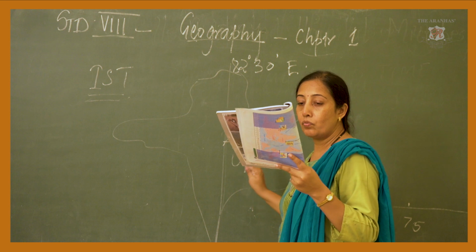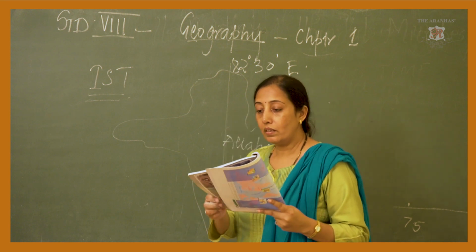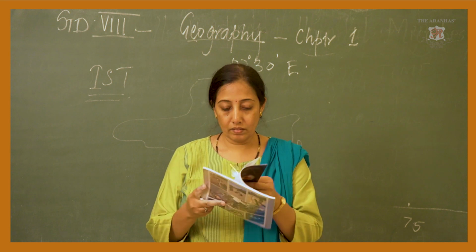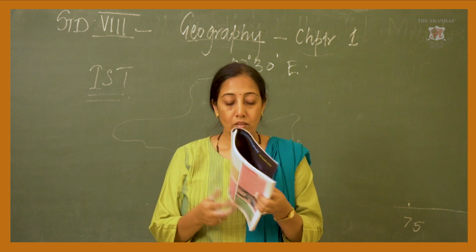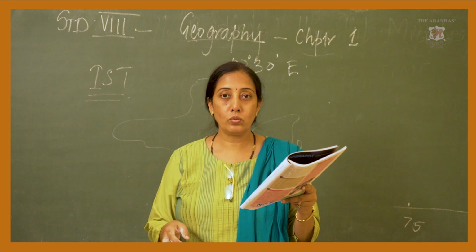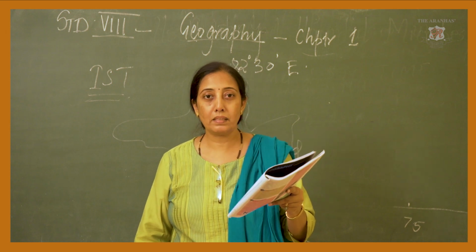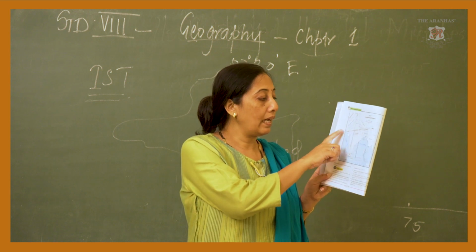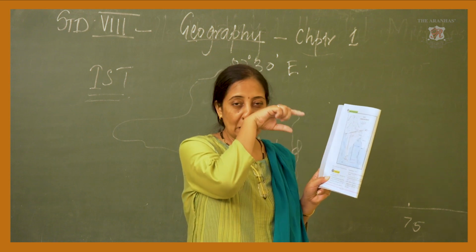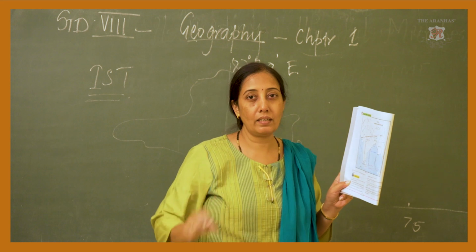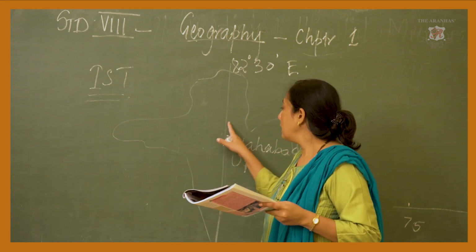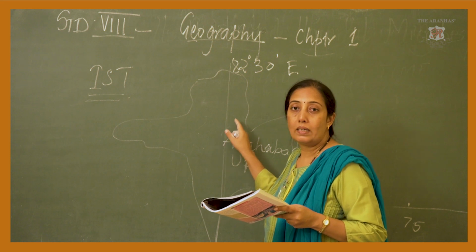There is no difference of more than 1 hour between the local time at 82 degrees 30 minutes and other places in the country. See, though Kolkata is here and Mumbai is here, still maybe there may be 1 hour difference or so, but we do not consider that. We consider this longitude to be our local time.